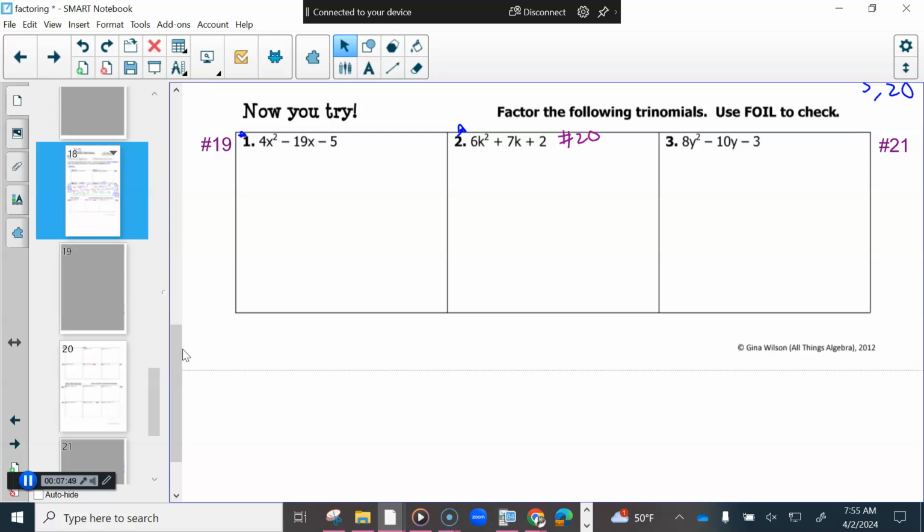Okay, so one of them is x plus 5 minus 5. Did you get the other part? What did you get? 4x plus 5. Okay. Did you guys have questions about that one?